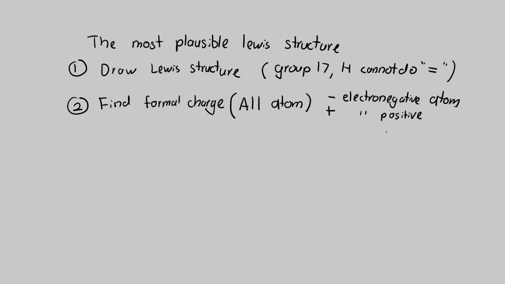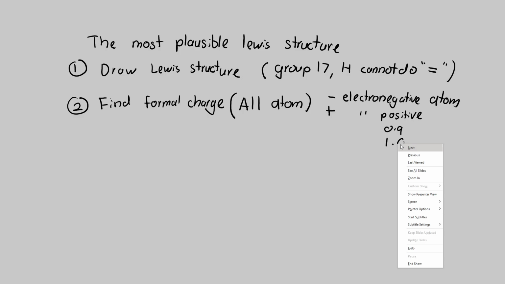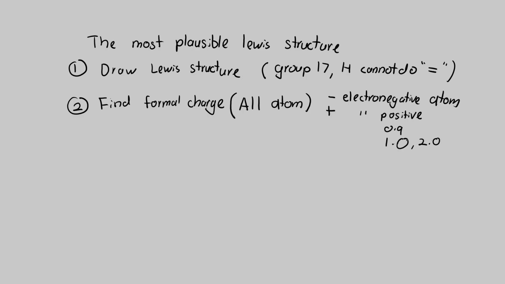So electropositive ni maksudnya electronegativity value dia rendah, which is dalam around 0.9 ke ataupun sometimes 1, sometimes 2, depend. Okay, kalau around 3 tu, itu dah maksudnya dia dah electronegative lah.